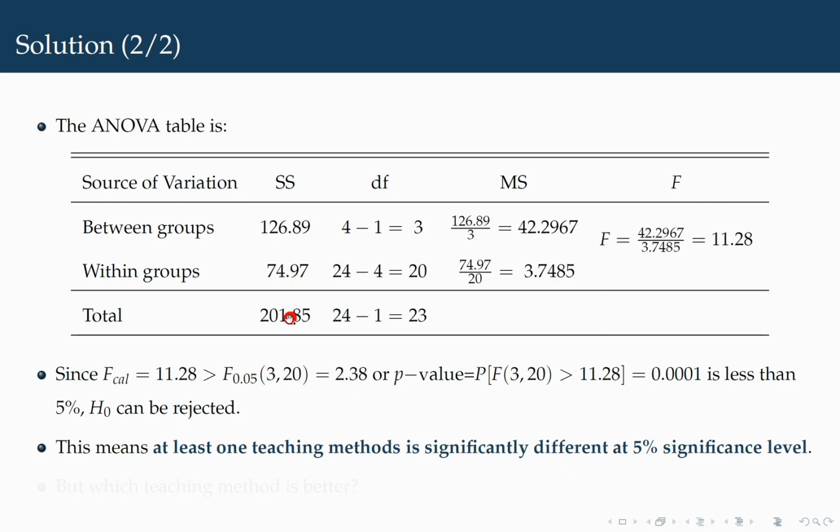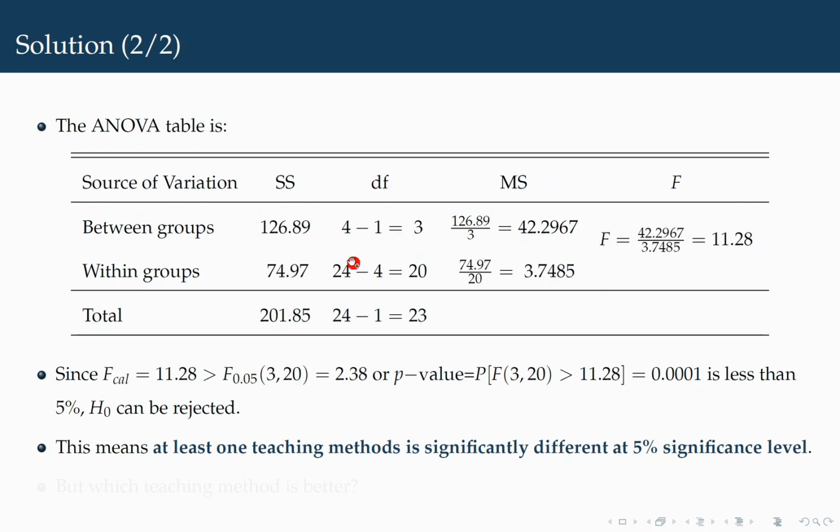The sum of the two provides the total variability, the total variation, 201.85. The degrees of freedom for the between groups is number of groups minus 1, that is 3. We have 4 groups, minus 1, 3.